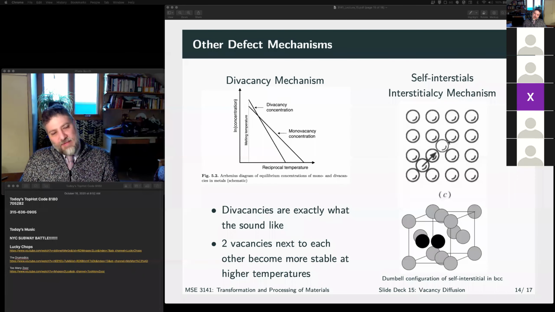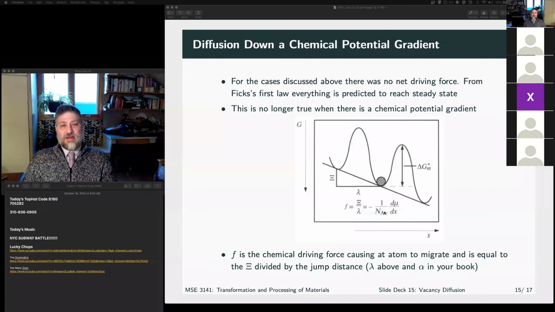This lattice atom then gets bumped into another interstitial site, right? So it's like this chain of atoms pushing each other. So you can imagine that this is much higher energy than vacancy diffusion, but it does occur. It's another mechanism that happens.